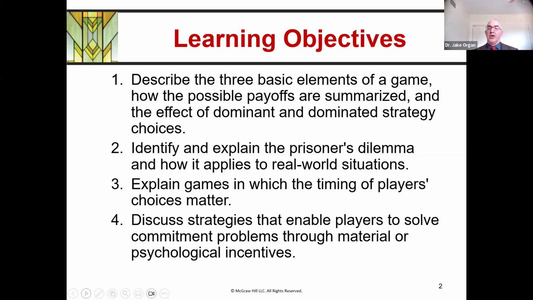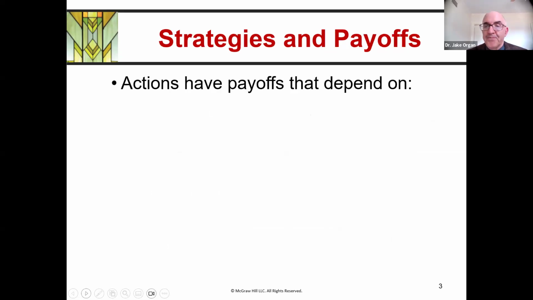Then we'll discuss strategies that enable players to solve commitment problems through material or psychological incentives. As we'll see, game theory means that in the world of oligopoly, you can actually get some very negative situations, and we'll see why we get to those. We'll be looking at what's called the prisoner's dilemma.